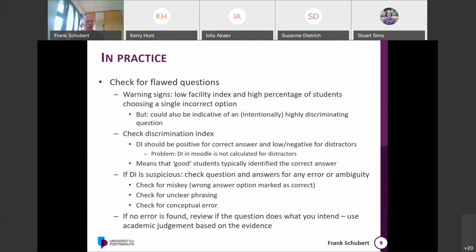But it could also be that it's highly discriminating, so you also check the discrimination index. If the discrimination index is high, then probably this was just a very difficult question, but maybe that's what you intended to do. If the discrimination index is suspiciously low, then you will really start to look at the question. Look at the steps.